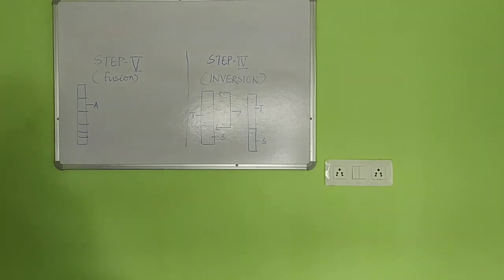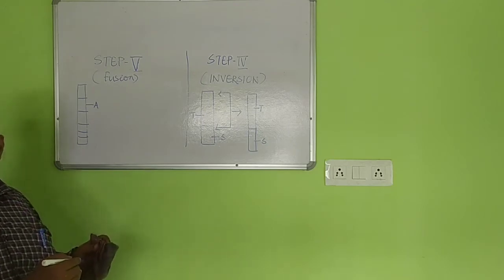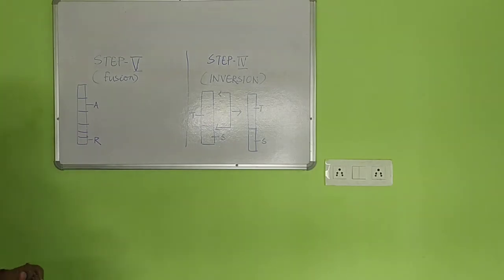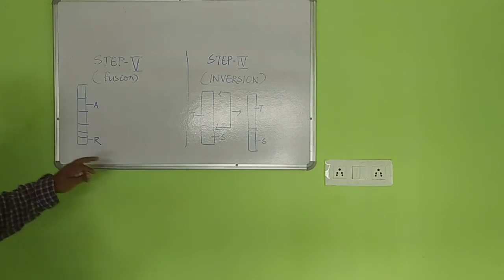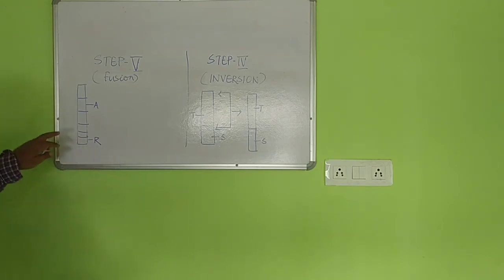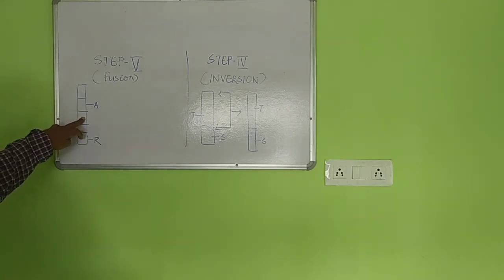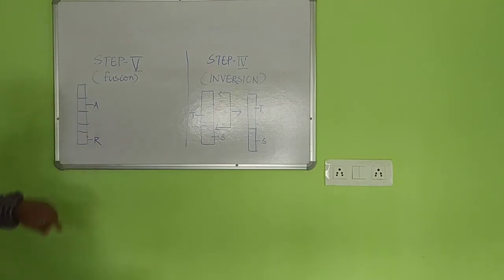This one is called as A, and this portion is named as the mark here. Then after it you find one space, then you find a second space. Look at the diagram here. These two are left. Lastly, you find the R is there, and this is called as your step 4 fusion case that will arise in there.